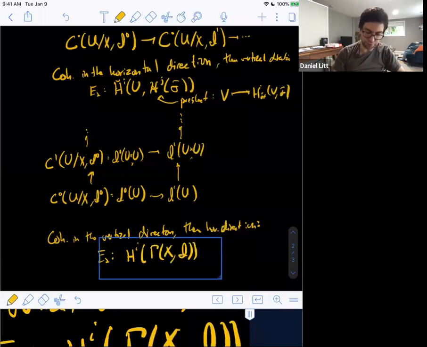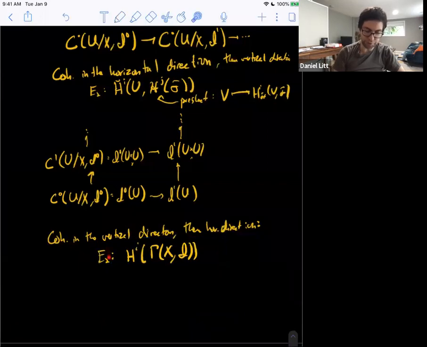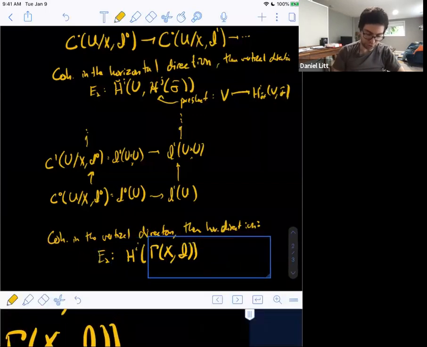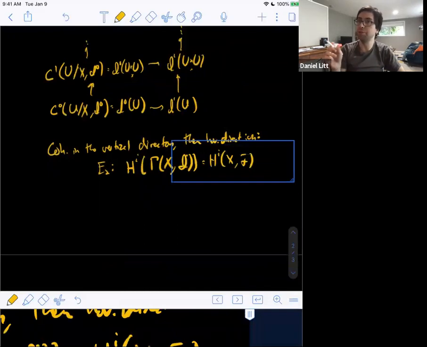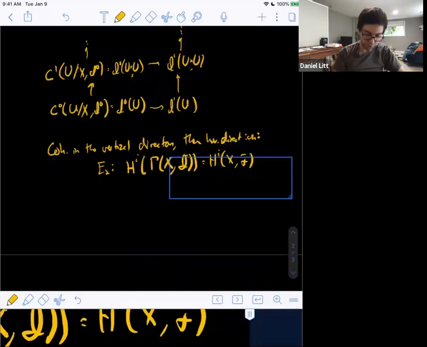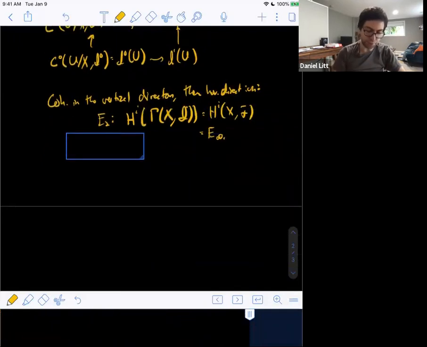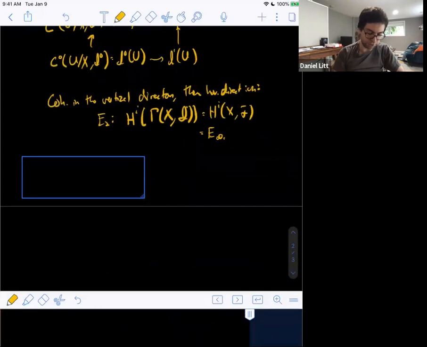This inner thing is what we get when we take the cohomology in the vertical direction, and then when we take the cohomology in the horizontal direction, we're just taking cohomology. So this is derived functor cohomology. This spectral sequence is degenerate because we just get entries in one row, so this is also equal to the infinity page. Both of these things have the same E infinity pages, so that tells us we get a spectral sequence.